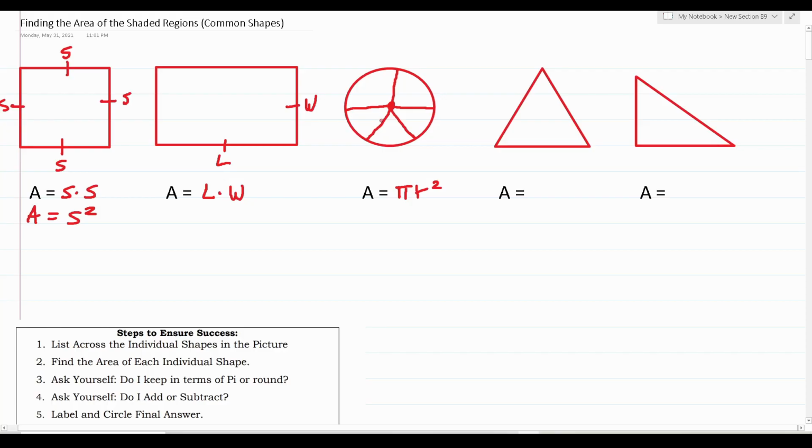Again, the radius of a circle is defined as the distance from the center point of the circle to the edge of the circle. All right, so for these next two, we're going to use the same formula. Again, to find the area of a triangle, we use the formula area equals 1/2 base times height. And let me just say this.